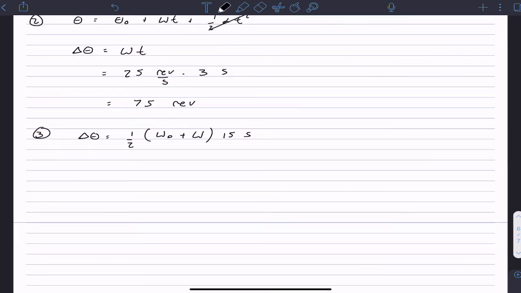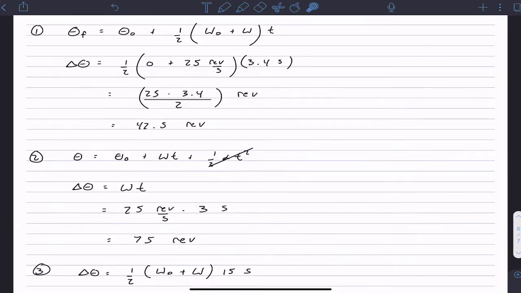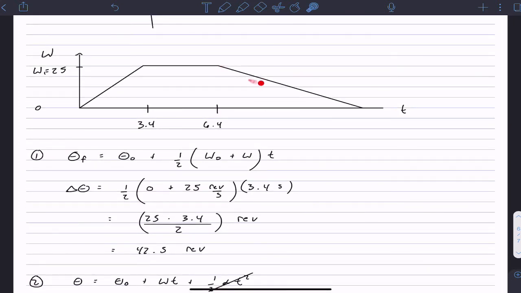The initial speed that we're given is 25 revolutions per second. Remember, we're in the third phase, so we start out in this part of the curve at 25 revolutions per second, and then we go for 15 seconds, and the final velocity is 0.